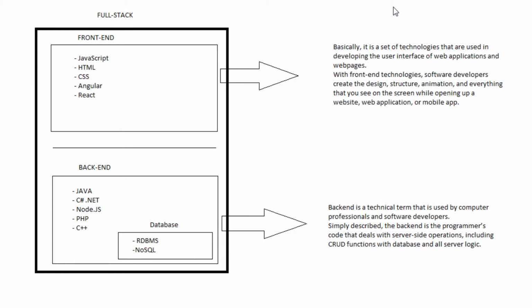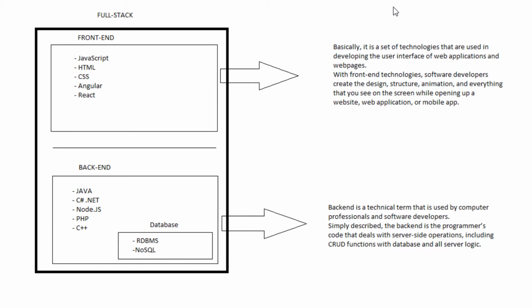Please note that when you get your first job, your journey is not finished, as this is just the foundation of your software developer path. Here on the screen we can see what a software developer does. Basically there is a full stack developer, a front-end developer, or a back-end software developer.